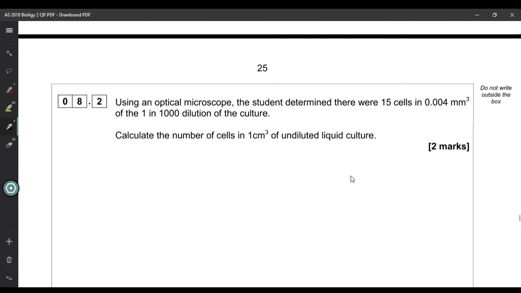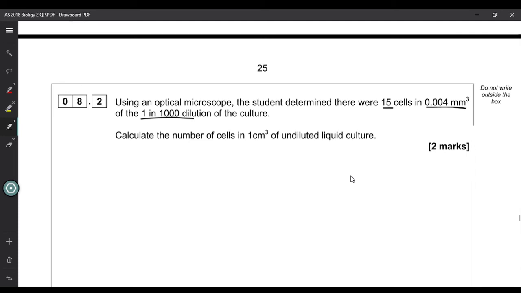Okay, part 2 says using an optical microscope, the student determined there were 15 cells in 0.004 cubic millimeters in the 1 in 1,000 dilution culture.